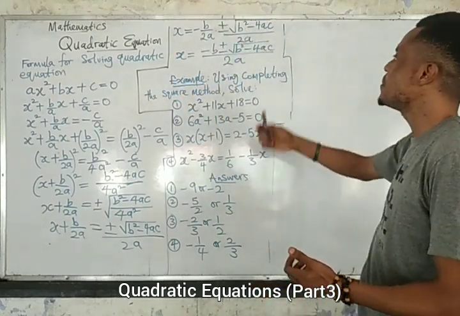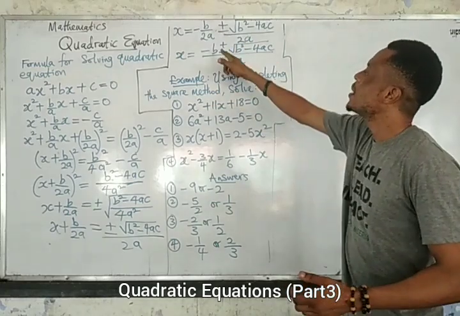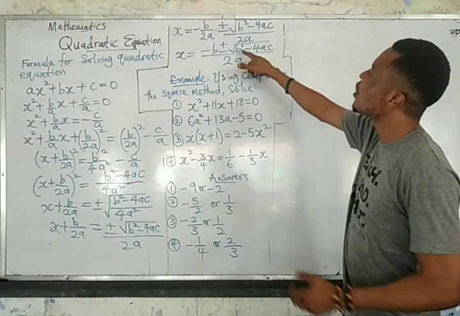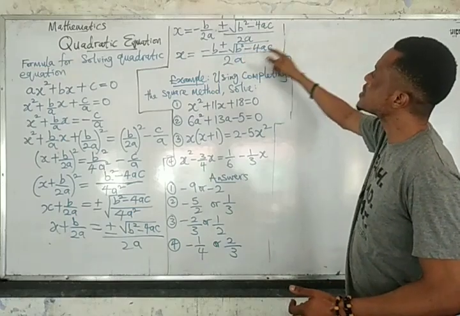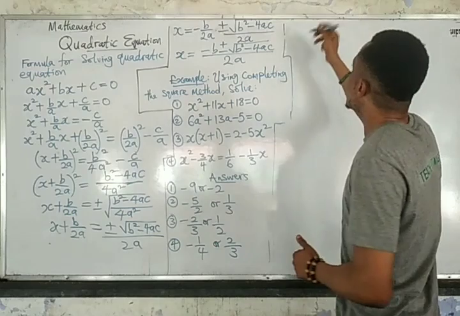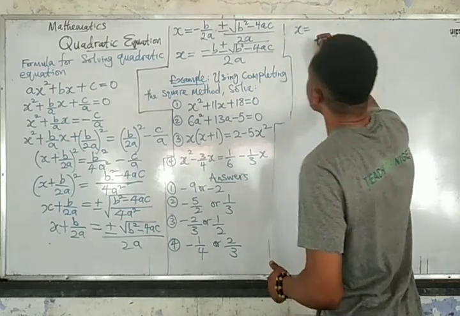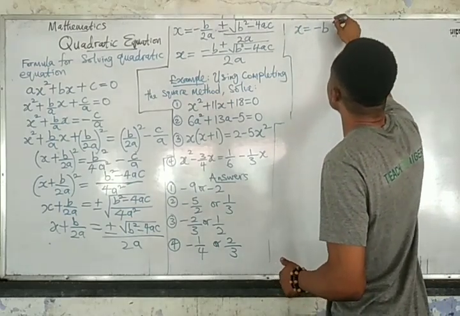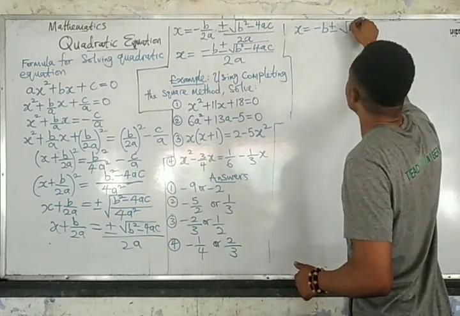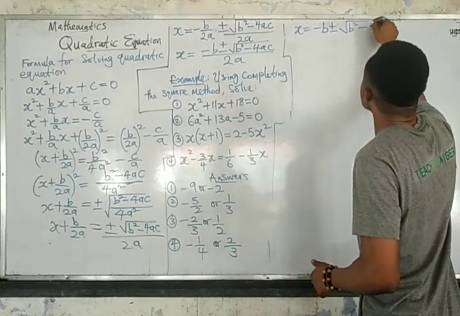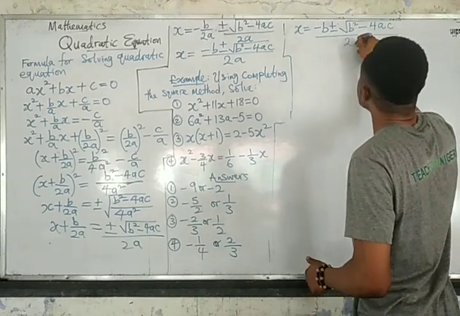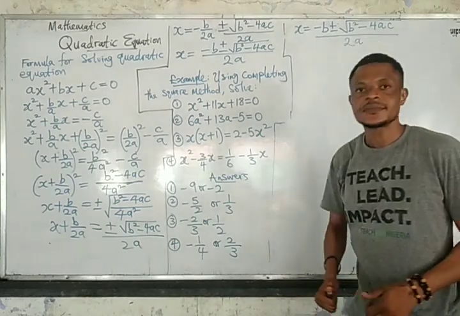And how is this implemented? We implement this by having minus b plus or minus square root of b squared minus 4ac, everything all over 2a. I will write it here. The formula is minus b plus or minus the square root of b squared minus 4ac, everything all over 2a.